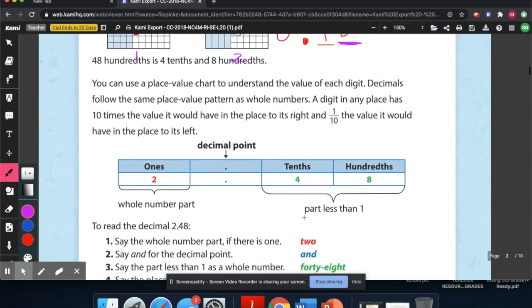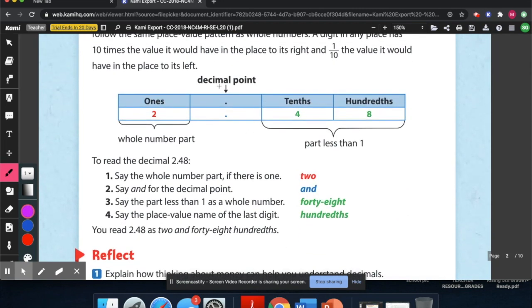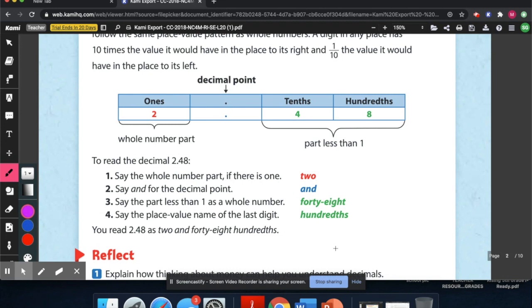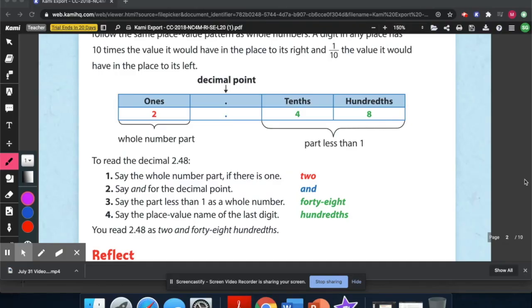Now below we have a chart. This is great for notes. I highly suggest writing this down and keeping it as a note because they come in handy even in 5th grade. I even made my own students in 5th grade do this. With that being said, that should show you how important it is to have this note because you're not just dealing with whole numbers.